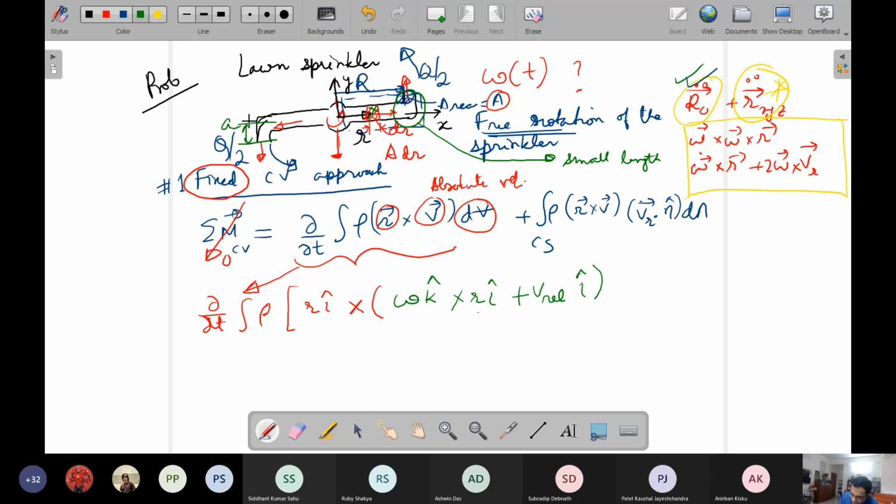Let that length be small a. So small a is much less than capital R. The only objective of the part small a is not to feature in the geometrical calculations, but just to deflect the direction of water in a direction perpendicular to the arm. That is what it does.